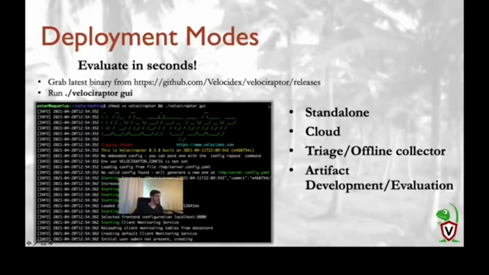From there, you would just grab that binary, make sure it's executable, and then run that Velociraptor GUI command. You can get started there, experimenting and trying out different artifacts, creating queries, and seeing what Velociraptor has to offer.